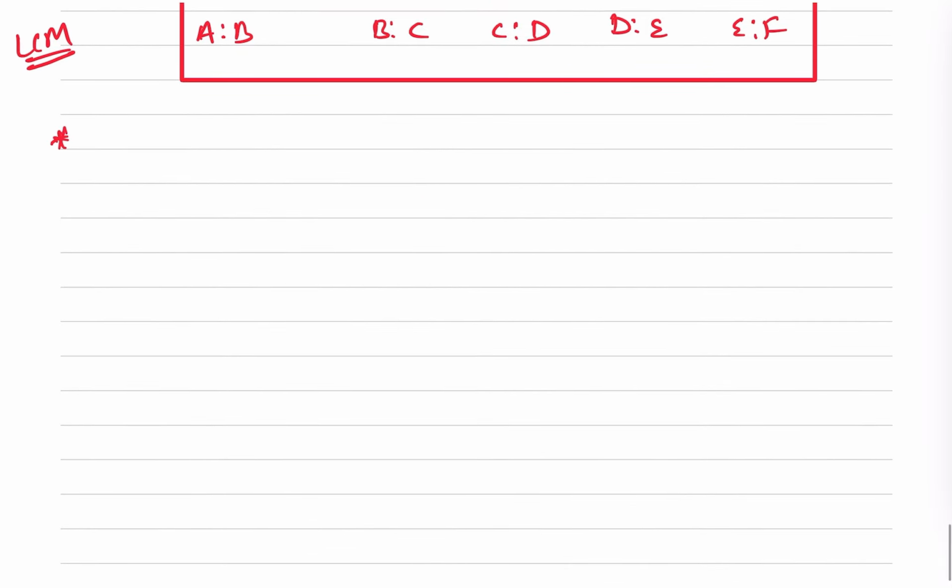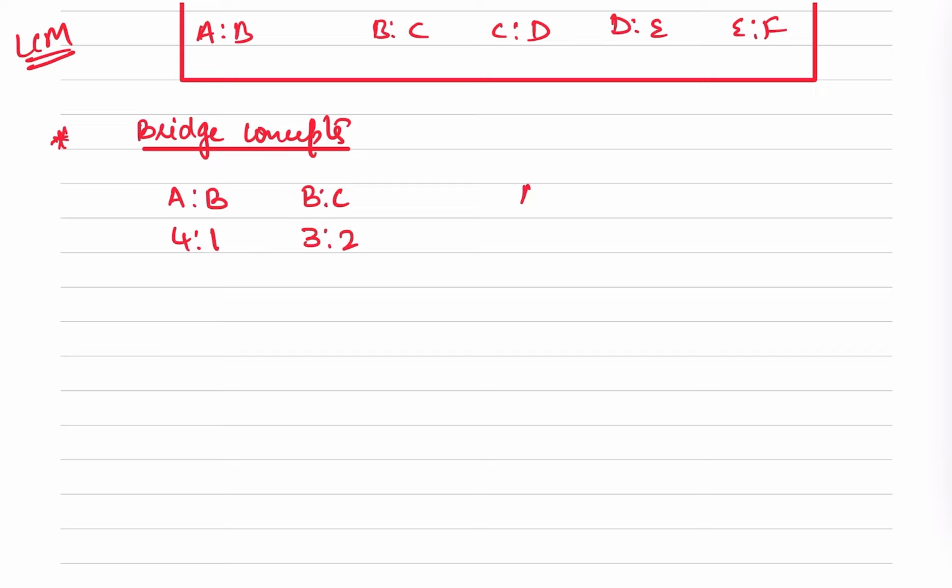So let's come back to the bridge concept. I think the introduction is clear to you, right? Bridge concept is nothing but, for example, if you have A is to B and B is to C, let's say I give 4 is to 1 here and 3 is to 2 here, and I need to find A is to B is to C, correct?